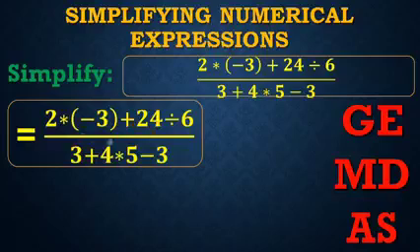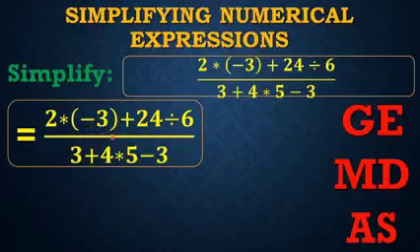Based on our given, it is composed of one grouping, because the numerical expressions are inside the fraction. It is a single fraction. So we proceed to letter E, that is exponent. Based on our given, there are no exponents here.